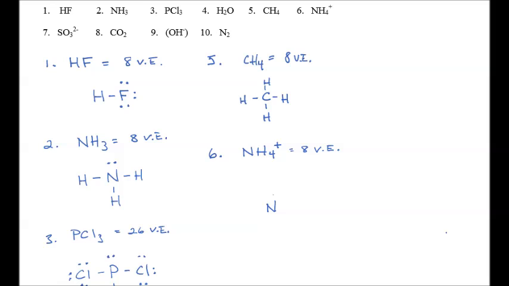Nitrogen is in the center, surrounded by the H's, and that takes care of the 8 valence electrons. And nitrogen's touching 8, each H is touching 2, and that's what we want. We enclose the molecule, or the ion, in a bracket with a plus sign to indicate it's an ion.